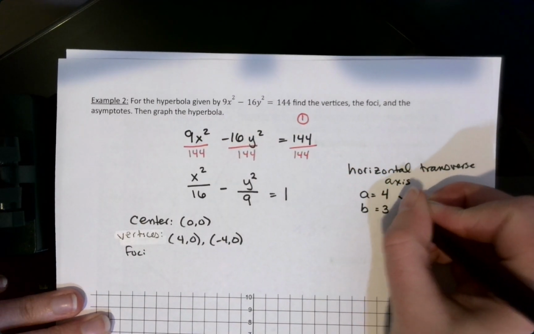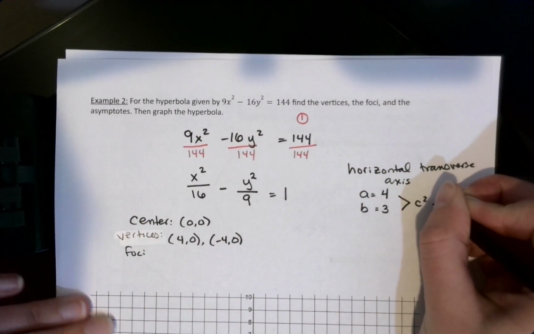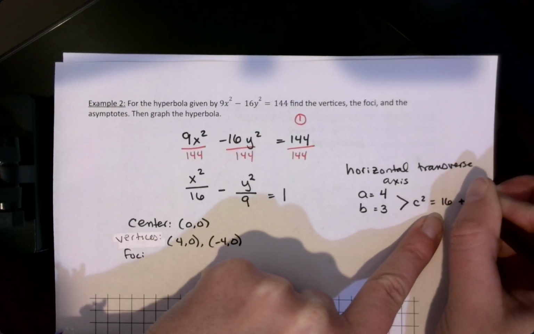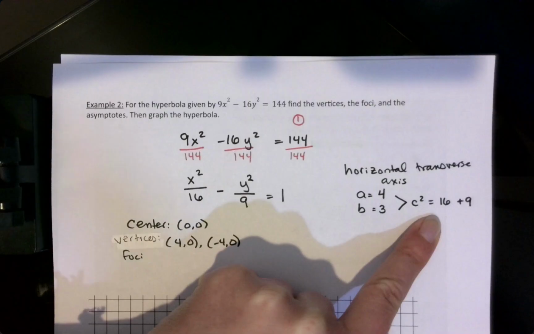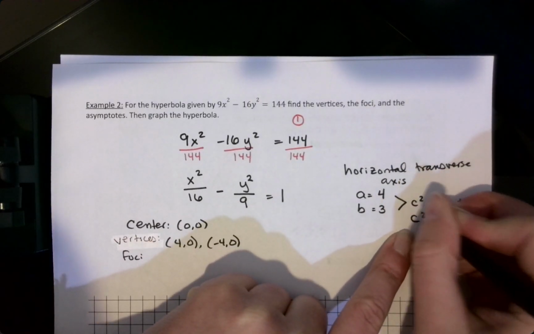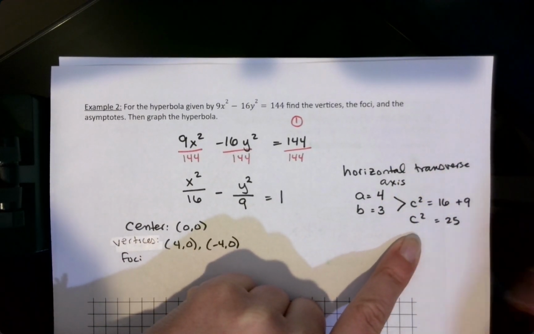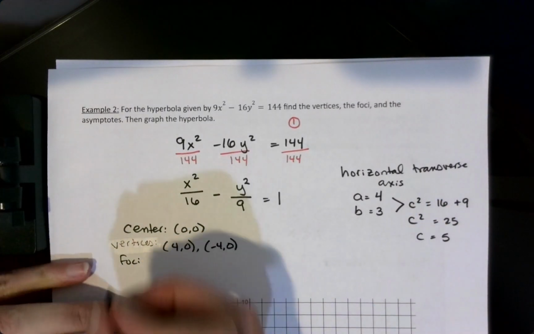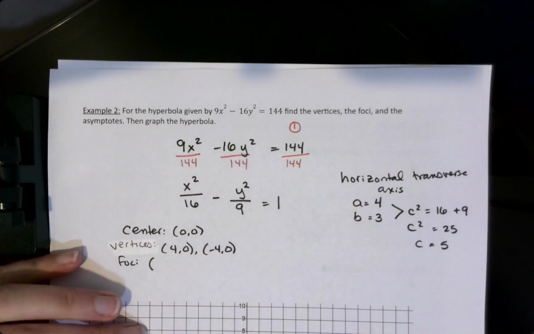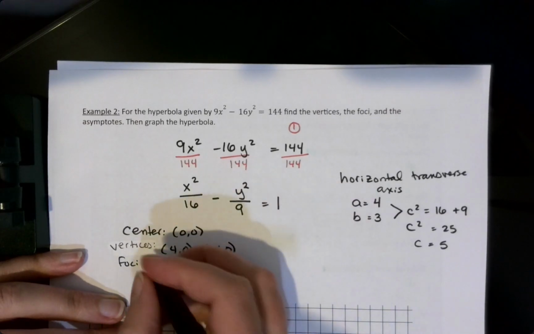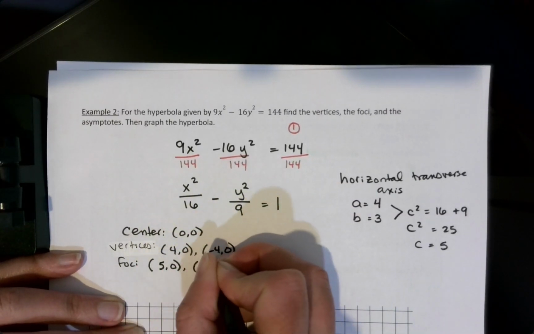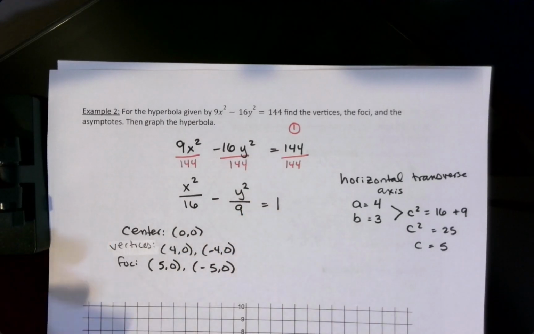So let's go ahead and find our c value. c squared equals 4 squared, that's 16, plus 3 squared is 9. That's 25. So my c value is 5. And my foci, again, go along the horizontal axis, so they're going to be at (5, 0) and at (-5, 0).